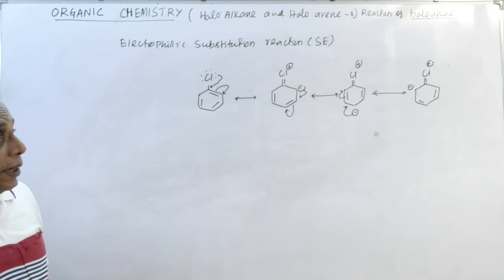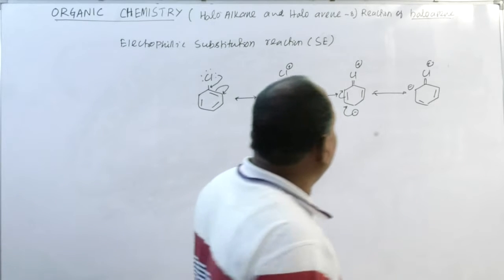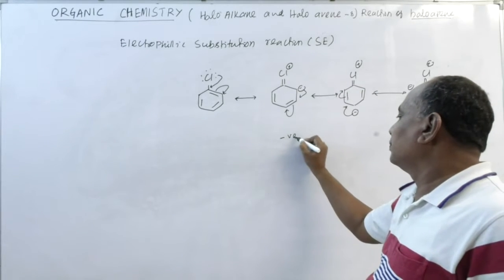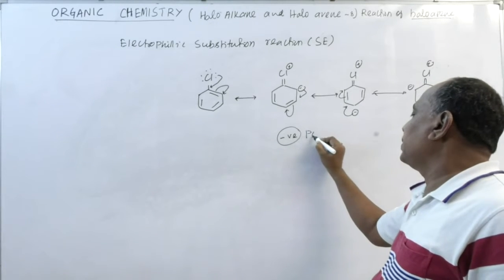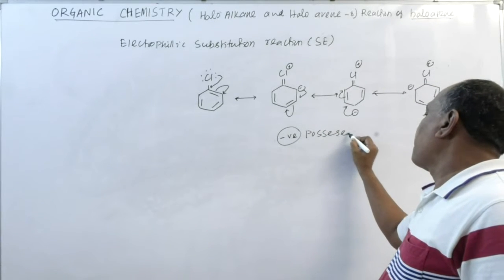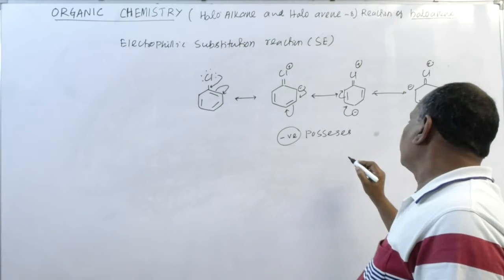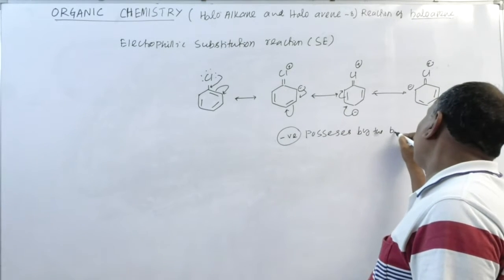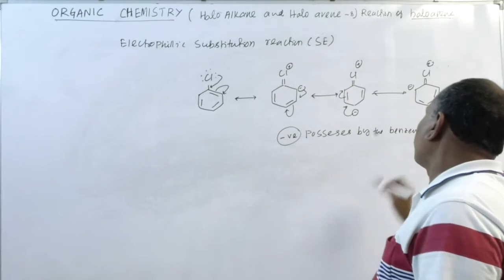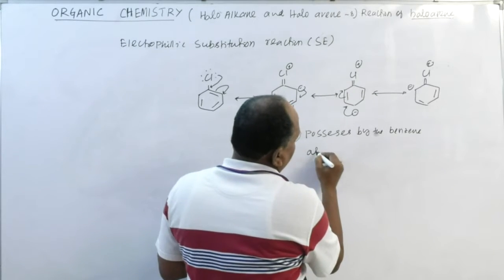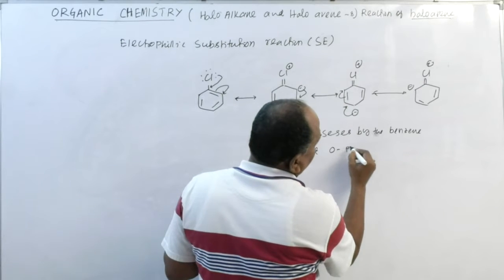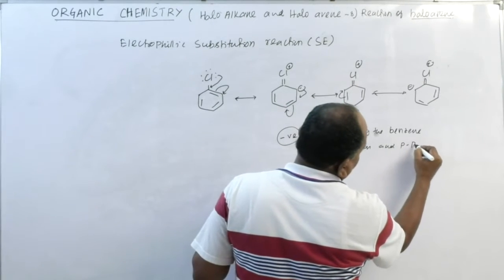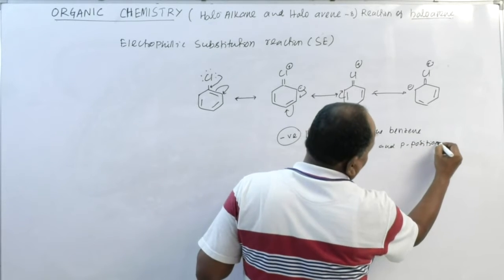So you see, due to resonance, the negative charge is possessed by the benzene ring at ortho position and para position. Do you know what is ortho position, what is para position?